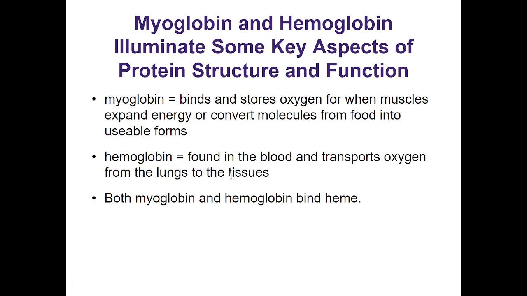Hemoglobin is going to be the version of that found in the blood. So this is going to be the one in the blood, and this will transport the oxygen from the lungs to the tissues. Both myoglobin and hemoglobin use the same group, which is the heme, to bind to that oxygen. Okay?